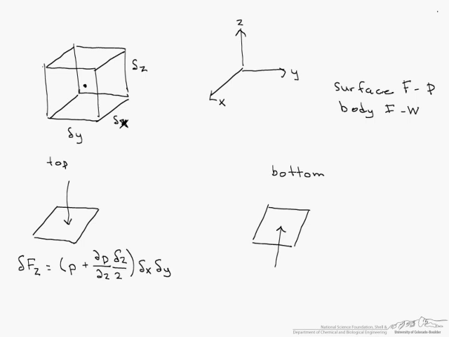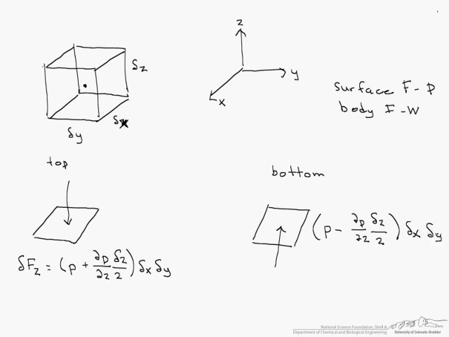Now let's look at the bottom. Here, again, we start with our P, and because now we're going in the downward direction from the P in the center, it's minus dp/dz times this differential length, all multiplied by our area.